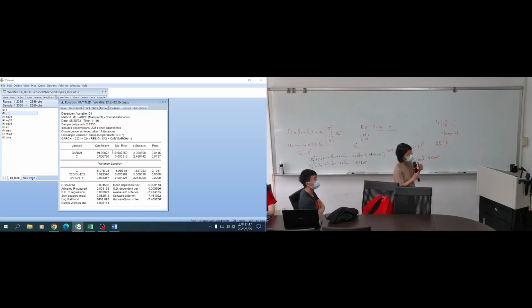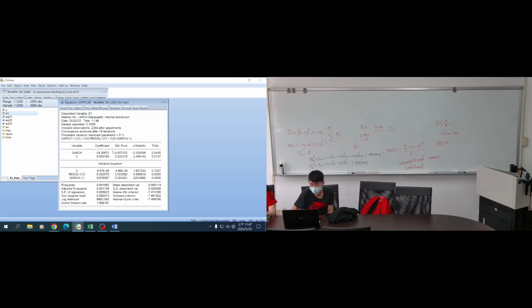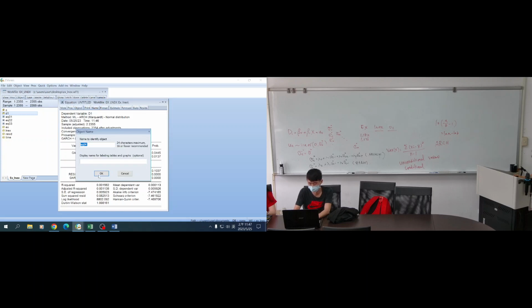So in this example, the variance is significant, so we need to consider that the GARCH-M model is better. And the mean is different, right? Originally this is something like 0.0001189, now it's like this. Let me name it equation 4.